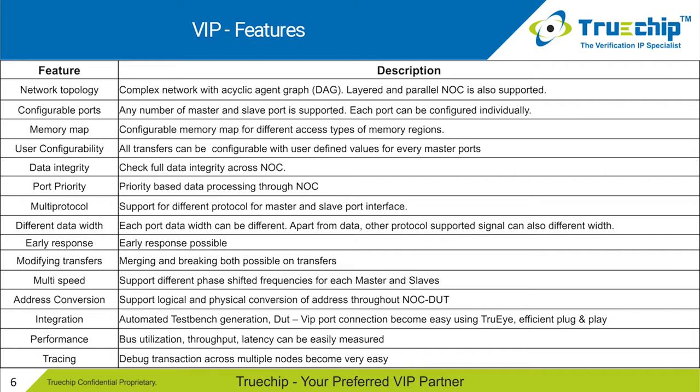VIP supports early response and transaction modification like merging and breaking as per the requirement. VIP supports different phase shifted frequencies for each master and slave port. Address conversion is also possible by the NoC VIP.